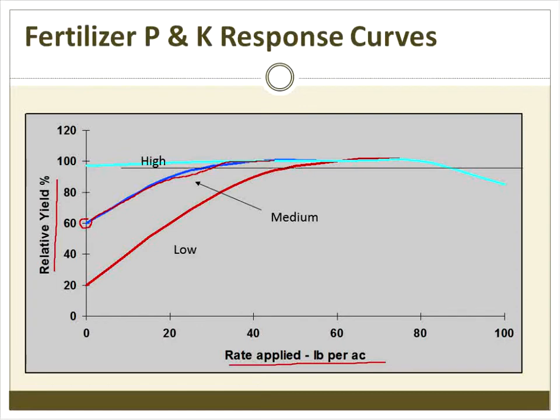Or if we have a 20% yield, add some more nutrients, we're eventually going to reach 100% yield. What you see on this slide, though, is this black line right in here. That black line represents our 95% level.